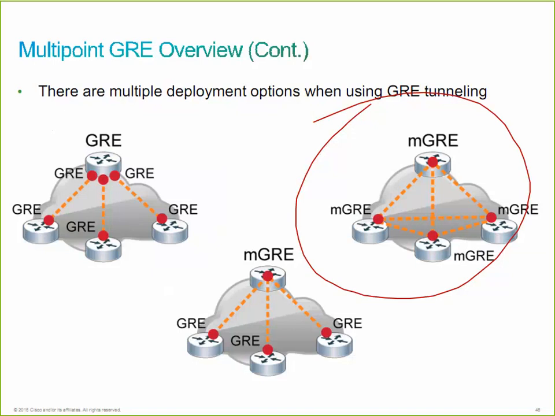All right? And actually, quite frankly, outside of adding NHRP on top, the configuration is pretty basic. You duplicate whatever we do on one router with all the other routers.